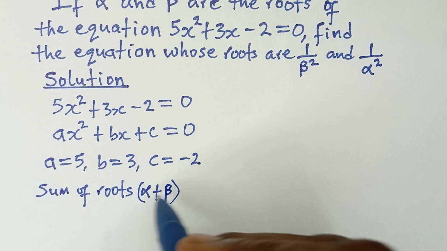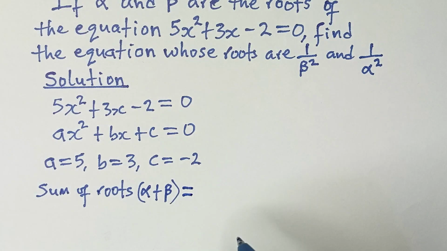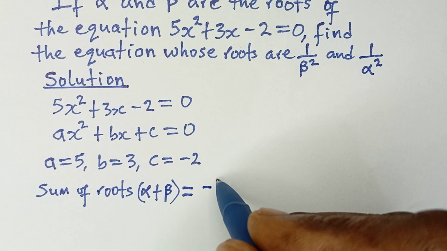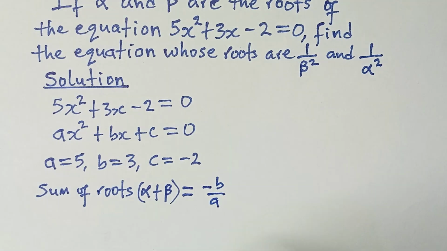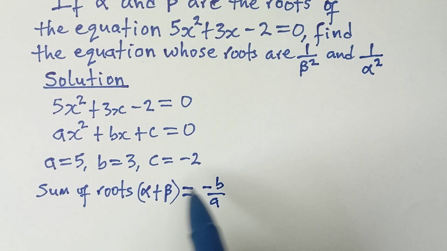And the sum of roots of a quadratic equation is given by the formula negative b over a. So this is how to obtain the sum of roots of an equation when you have the values of b and a.